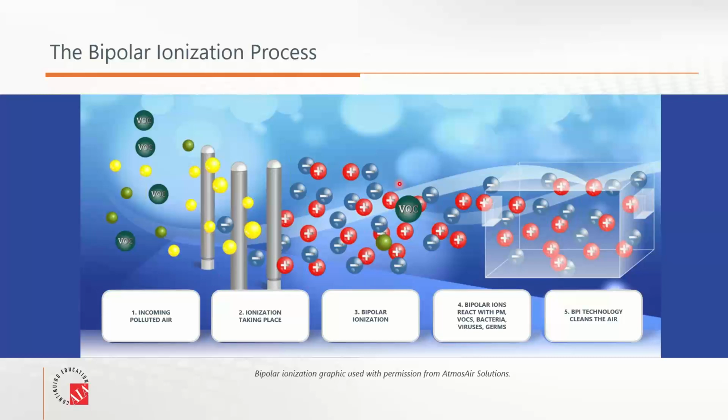They have a voltage potential that produces the oxygen ions, and then they go into the space, and they basically act as a disinfectant because the ions themselves are able to reduce those contaminant levels.